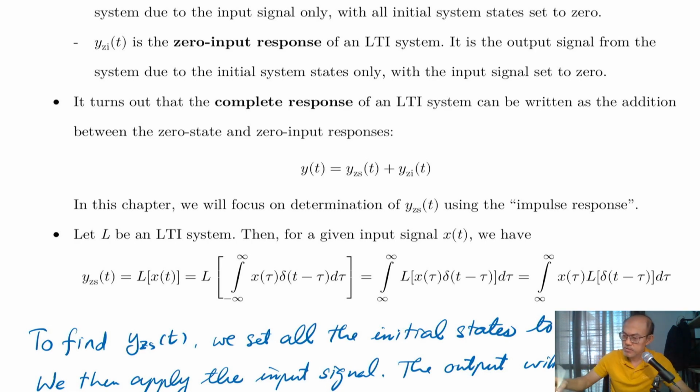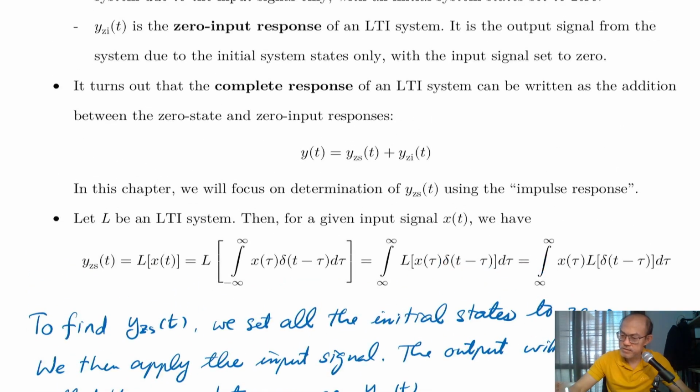Okay, so basically you have this. You have a system, an LTI system. You are applying two things into the LTI system. The first is the input. The second is the initial state.